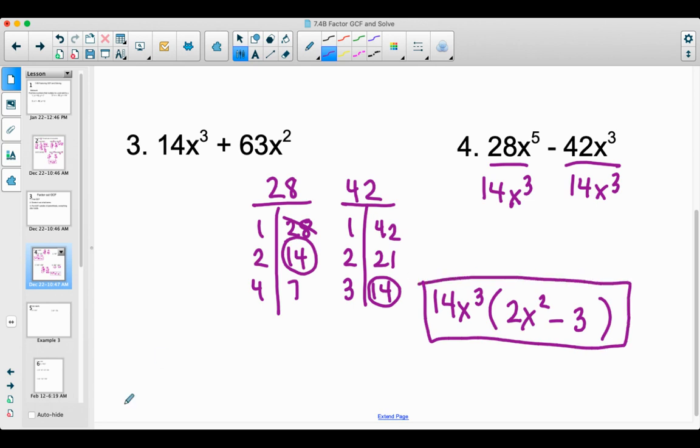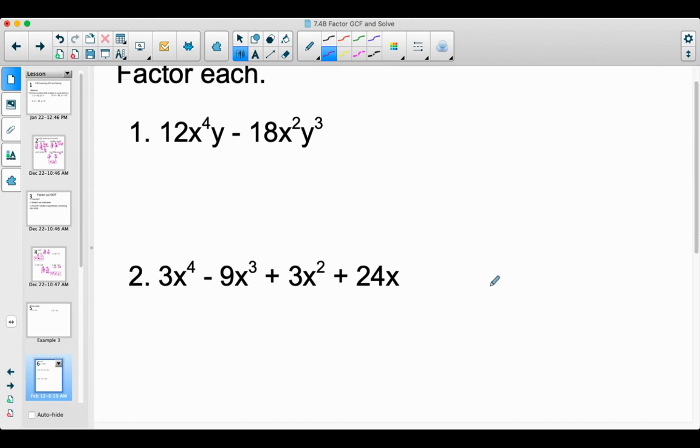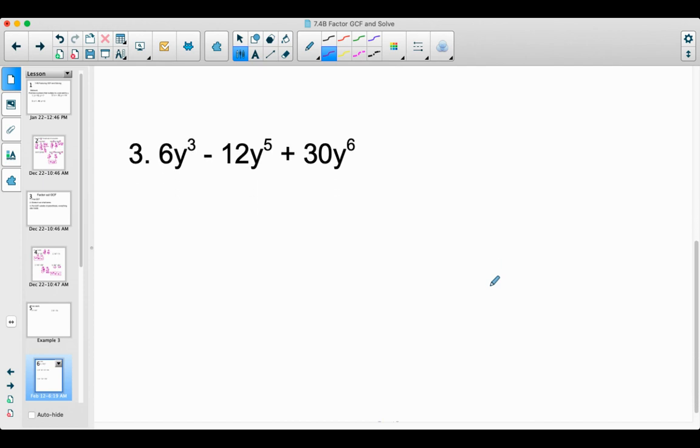Let's try one more that is a little bit longer. Let's take a look at number 3 here. So we're going to start with our smaller number, and 6 we know is 1 and 6 and 2 and 3. And 12, if we think about 6 as our largest one, that is 2 and 6.